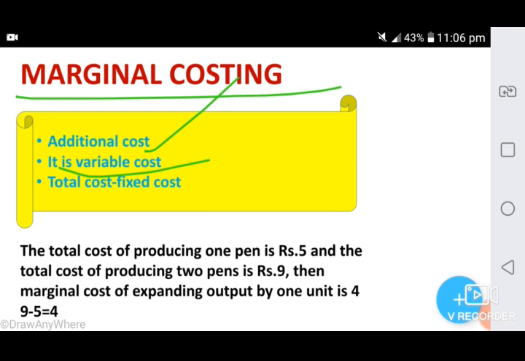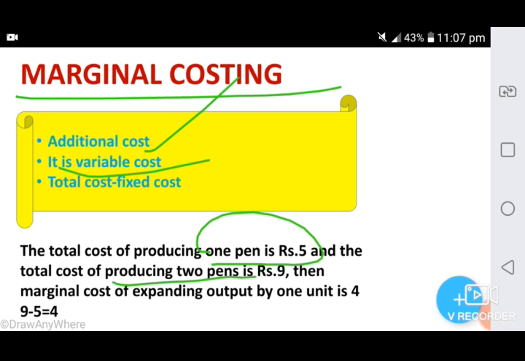For example, the total cost of producing 1 pen is rupees 5, and the total cost of producing 2 pens is rupees 9. Then what is the marginal cost of expanding output?